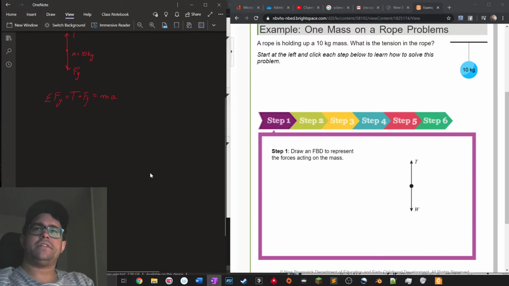Basically this a means that the sum of the force will create an acceleration, because a force in y creates a y acceleration. In our case, it's equal to 0, because there is no acceleration. If that's the case, then this is equal to this, and the tension is equal to minus Fg.